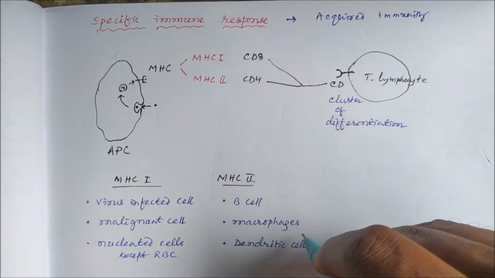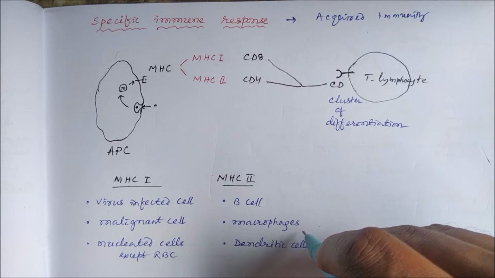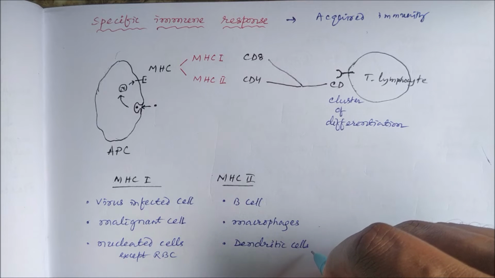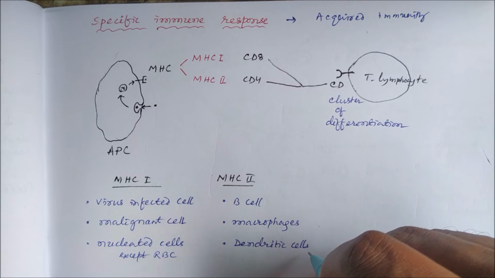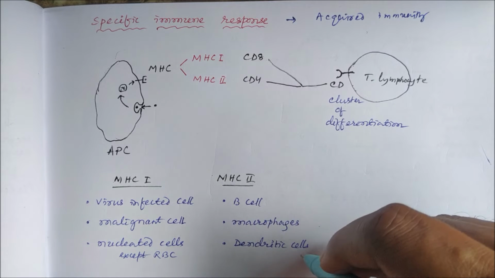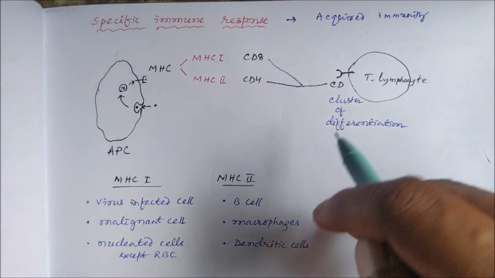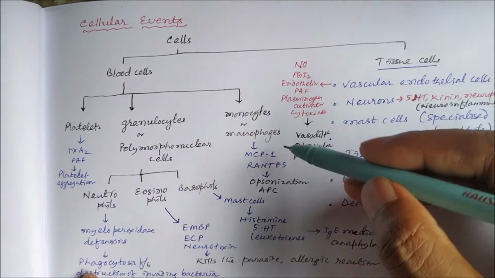So macrophages are nothing but the monocytes, and dendritic cells, they are named so because they look like dendron of neuron, and these are also again differentiated forms of the monocytes.